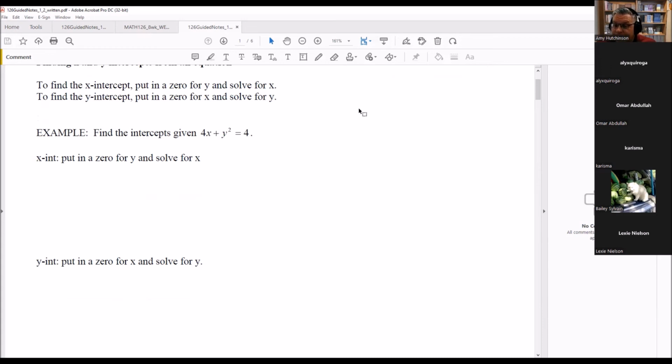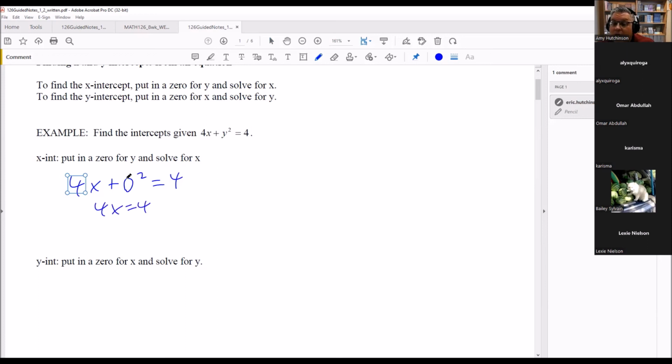Okay, so find the intercepts for this equation. Here are the rules. If you want to find the X-intercept, you put a 0 in for Y and solve for X. So I'm putting a 0 in for the Y, and then I want to solve for X. This is 0, so I have 4X equals 4.